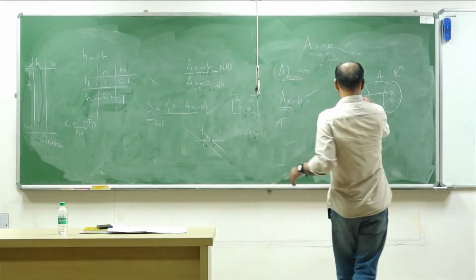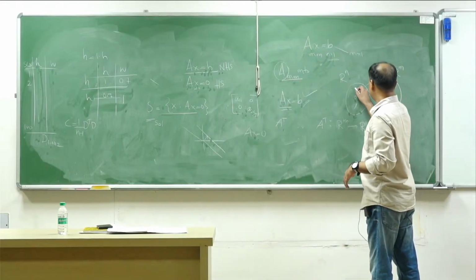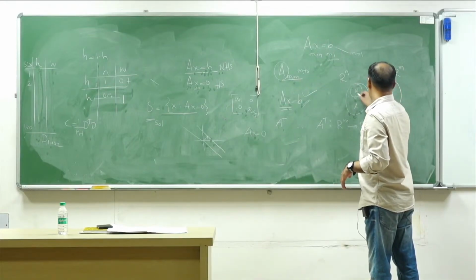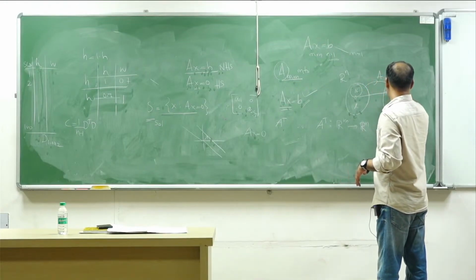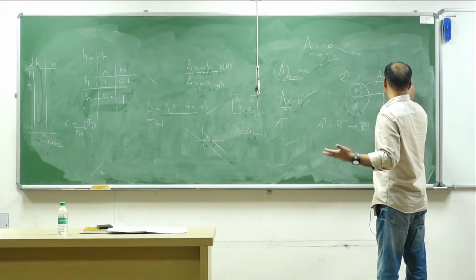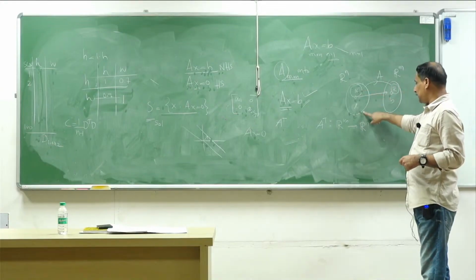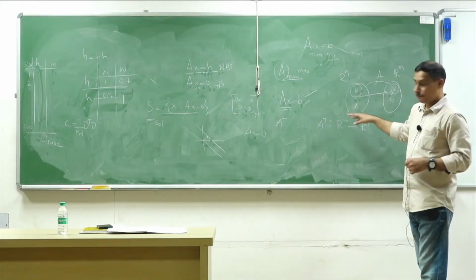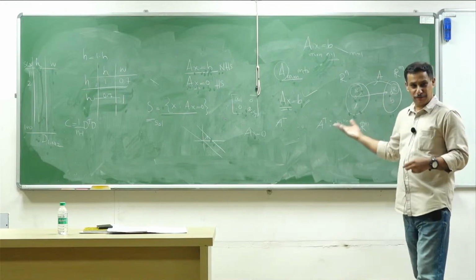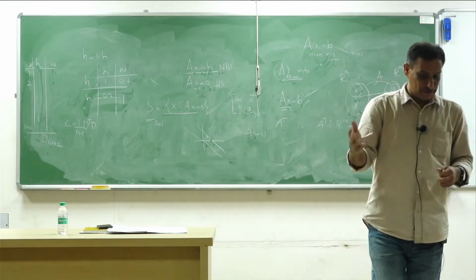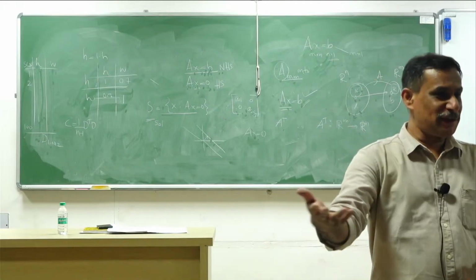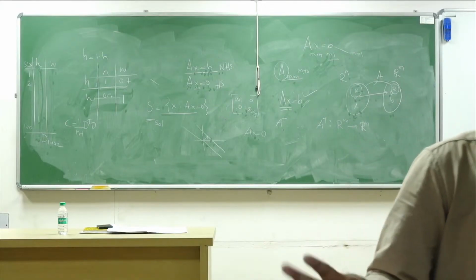Now, there's a null space, and there is a range space. Maybe I'm using the notation, right? Null space is a subspace of the domain. Range space is a subset of the codomain.